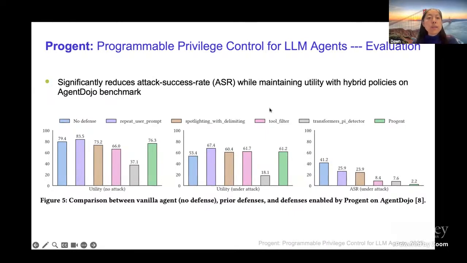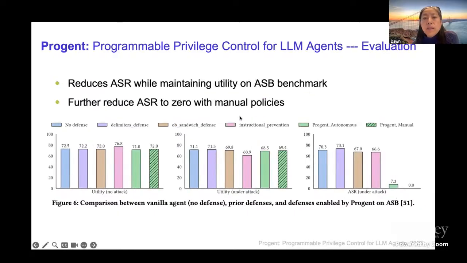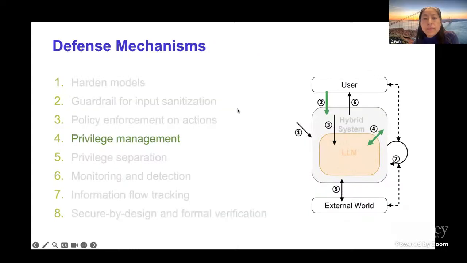In our experiments, this framework significantly reduces attack success rate while maintaining utility with hybrid policies on the Agent Dojo benchmark and also the ASP benchmark, and we can further reduce the attack success rate to 0 with manual policies.